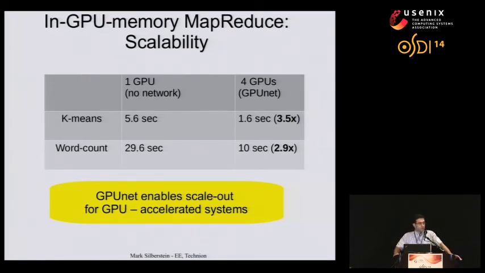The scalability numbers here are pretty good, as we think: 3.5x for k-means and a little bit lower for word count. The reason is that word count is very IO intensive and much less compute intensive, so there are not that many opportunities to hide inter-GPU communication overhead. What is really important to note here is that GPUnet enables scale out for GPU-accelerated systems in a pretty straightforward way. We just took the one-GPU version, added send and receive, and got it running.